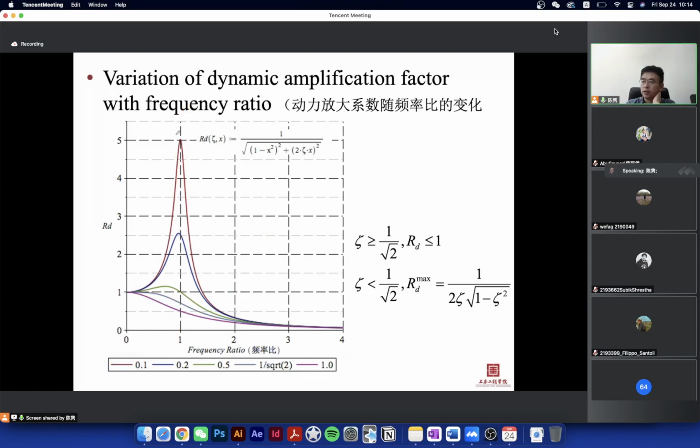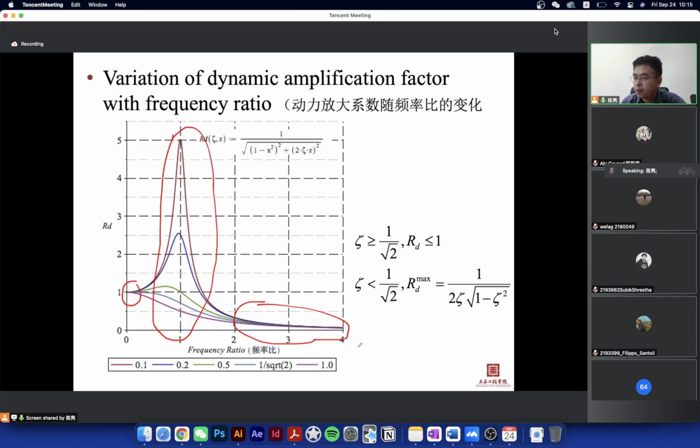You can see the effect of damping is very significant at this part, the so-called resonance part, and at this part and this part it's not significant. The effect of damping is not significant there. This is also very useful.